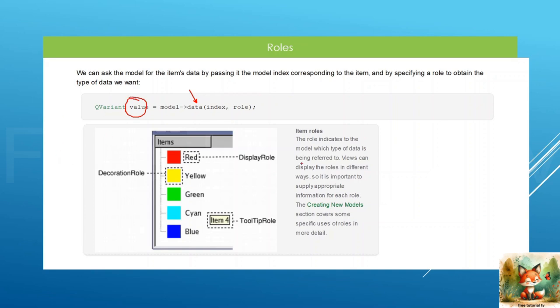For example, it contains the text that is displayed through the display role. It may contain the decoration role, which is going to be the color here, for example, or a pixmap to represent something. It may contain tooltips and all kinds of crazy things. So roles are a way we have to read different pieces of data from the data we read from the model, if that is making any sense.